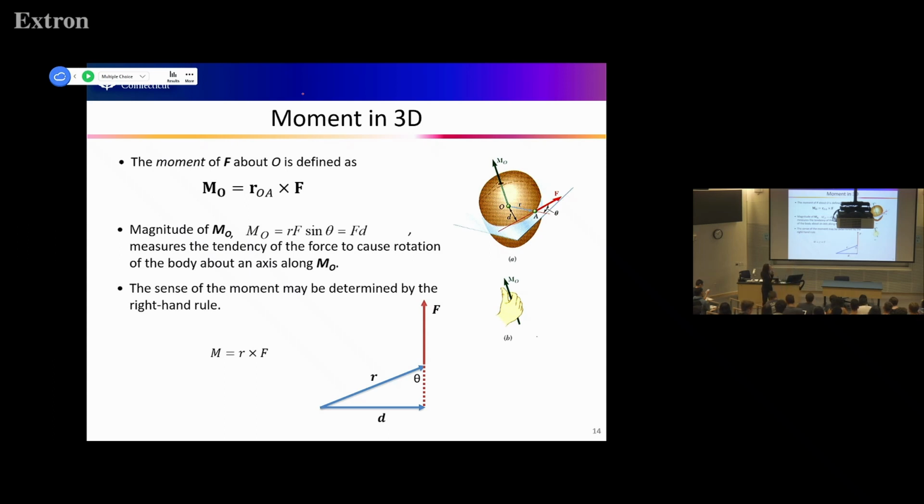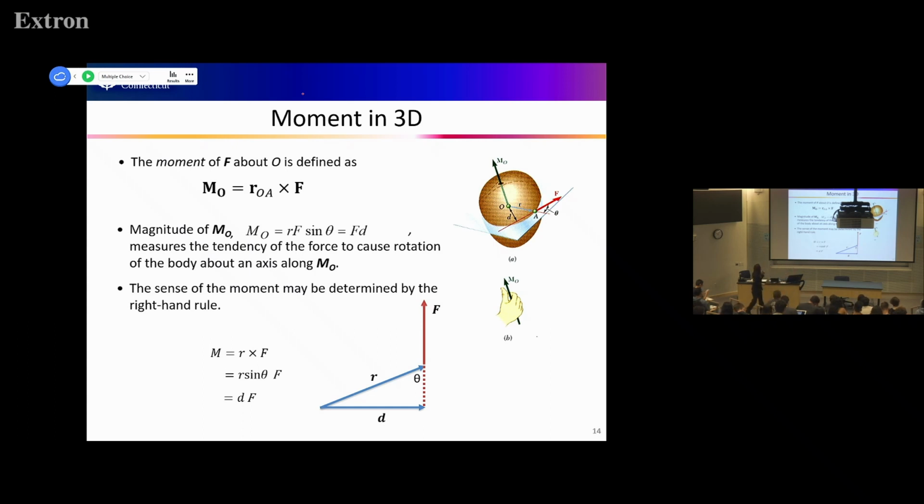Sine theta is d over r, and indeed r times sine theta is d. So we can write like this. This is the definition of cross product: r times F times sine theta, and r sine theta is d. So it's consistent with the 2D definition, but it's 3D.